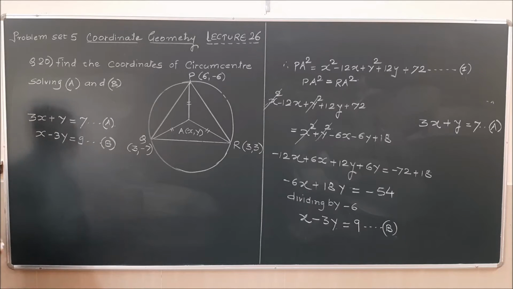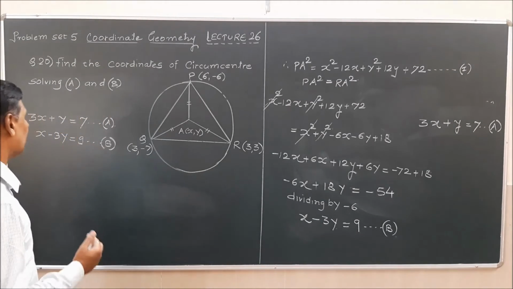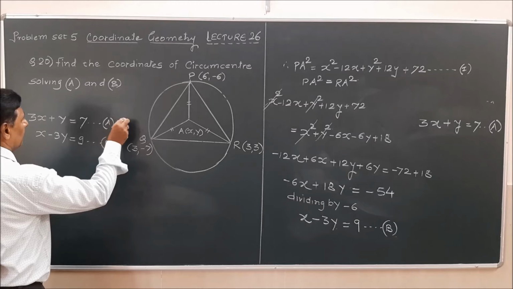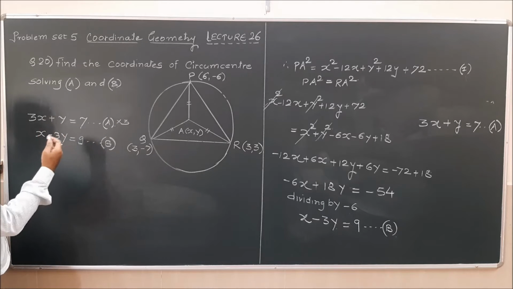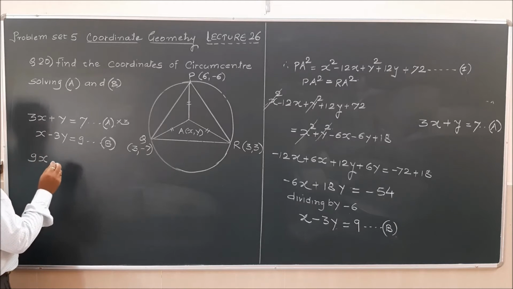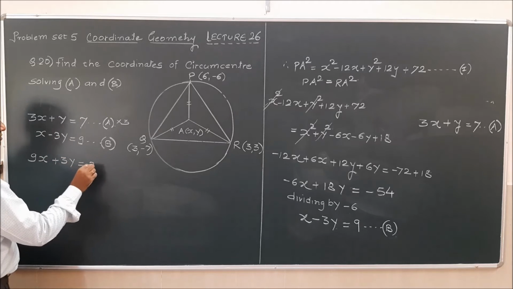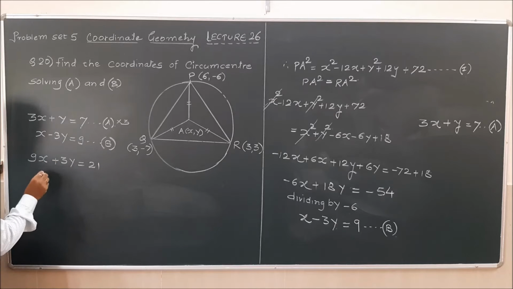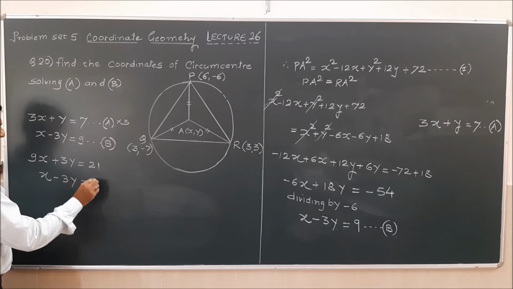You all know how to solve simultaneous equations. So now I am going to multiply this by 3 to cancel y over here. So 3 3s are 9x, then you will find plus 3y, that is equal to 21. And here I get x minus 3y is equal to 9.